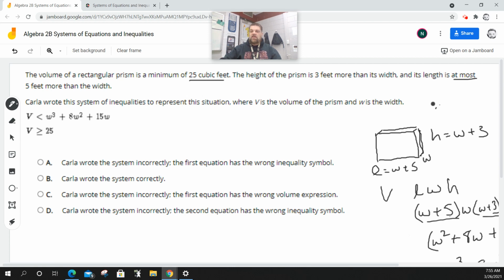So what does at most mean? Let's unpack that. If I say something is at most 5, is it greater than or equal to or less than or equal to? So is 3 at most 5? So we're really saying less than.